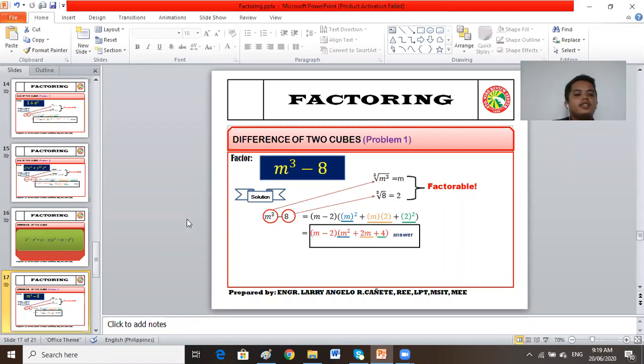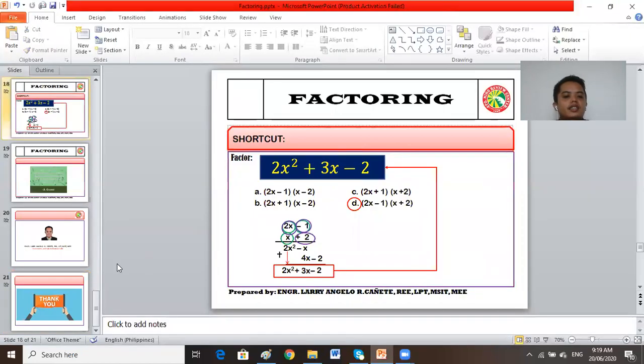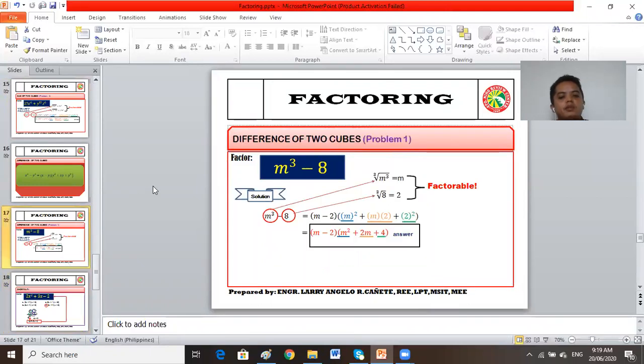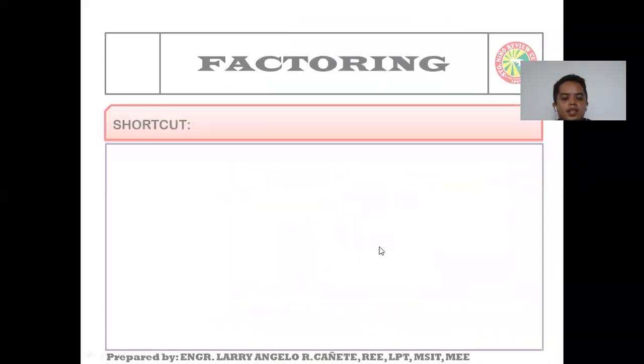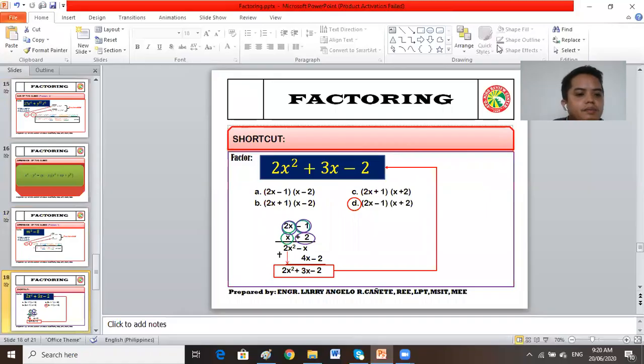But the safest, the fastest is by simply verifying or picking the choice. Okay? So we're done with the m cubed minus 8. So I will give you another example. Wait for a while.